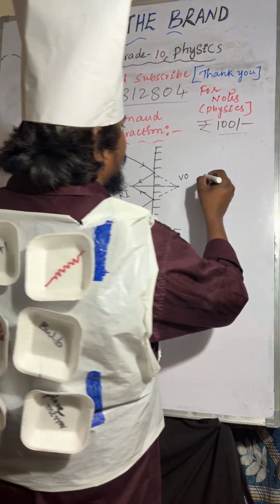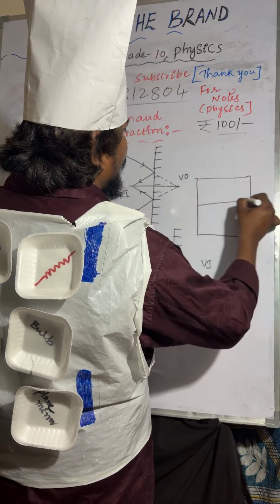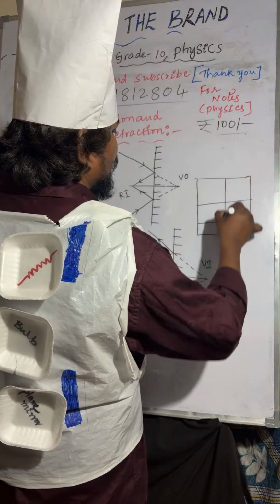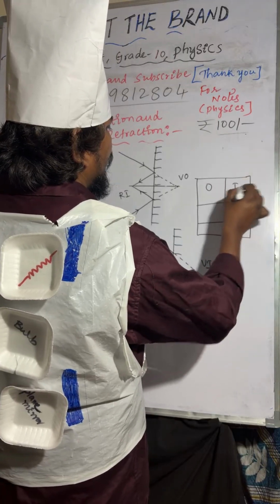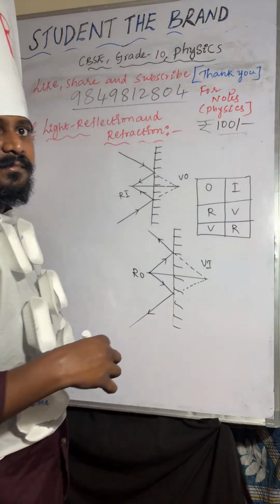So if you are taking object and image: object is real, image is virtual; object is virtual, image is real.